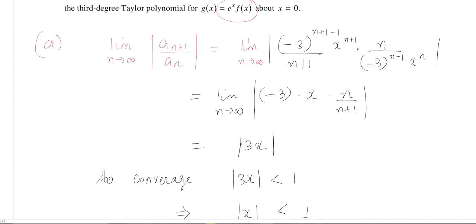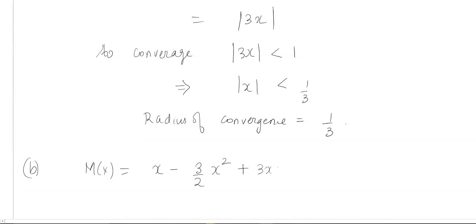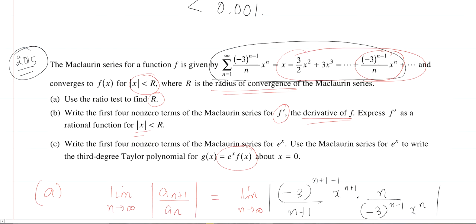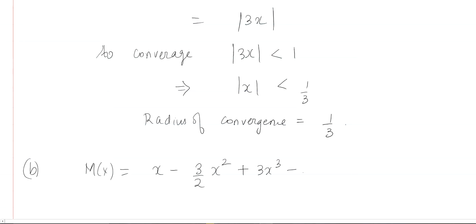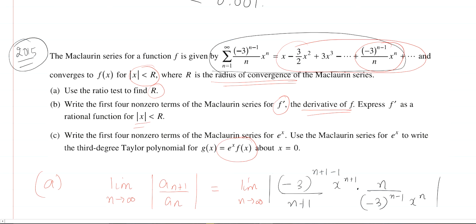and then plus 3x cubed, minus 3 squared, so 9 over 3 times x to the 3. Oh no, we only want the first 4 non-zero terms.